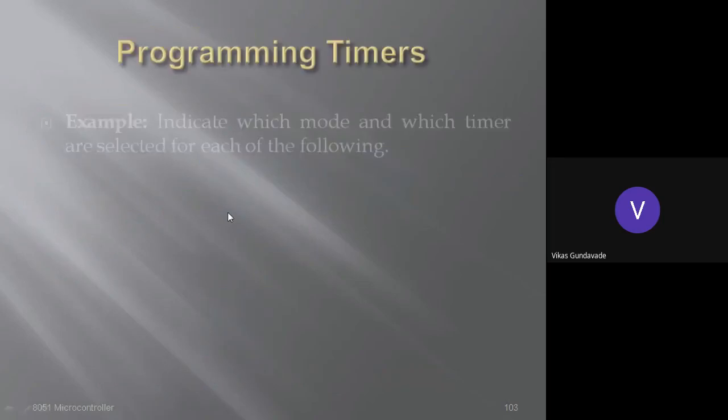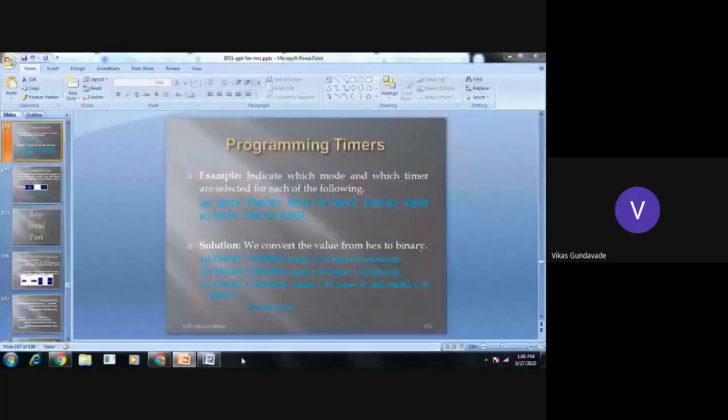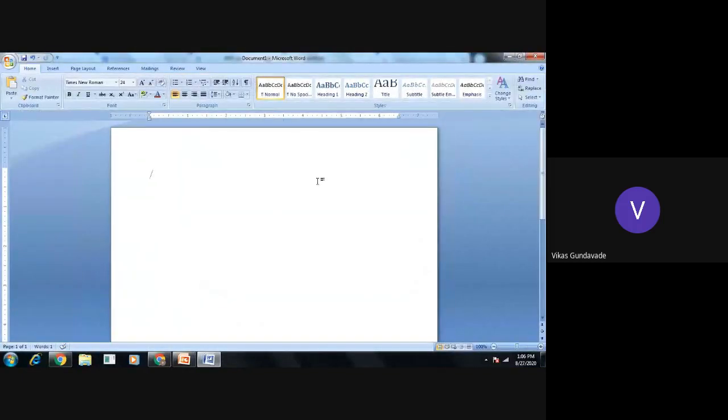Okay. Now here the main concern is how the particular count will get calculated and what is the necessity of that particular count. Now just assume that if we want to provide a delay of a specific time, let's say a time delay of 10 microseconds.